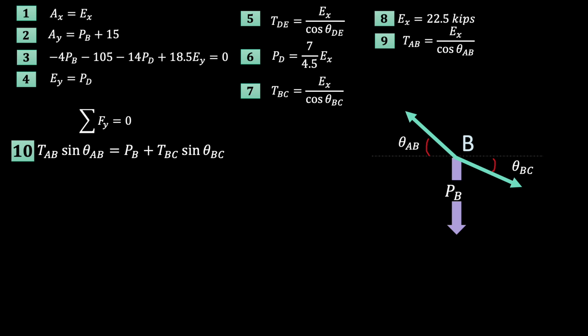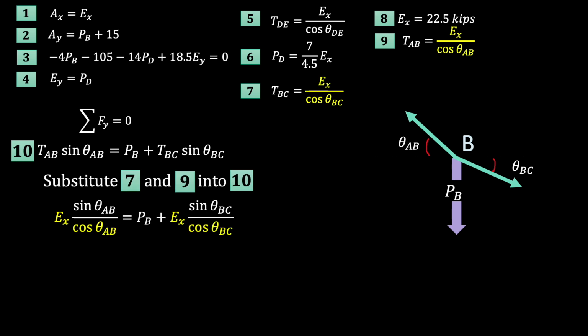Finally, we've reached joint B. Here, we're going to do more of the same. Let's get PB in terms of EX. We can use equilibrium in the y direction. We project our tensions to get the y components by using the sine of their angle with the horizontal.